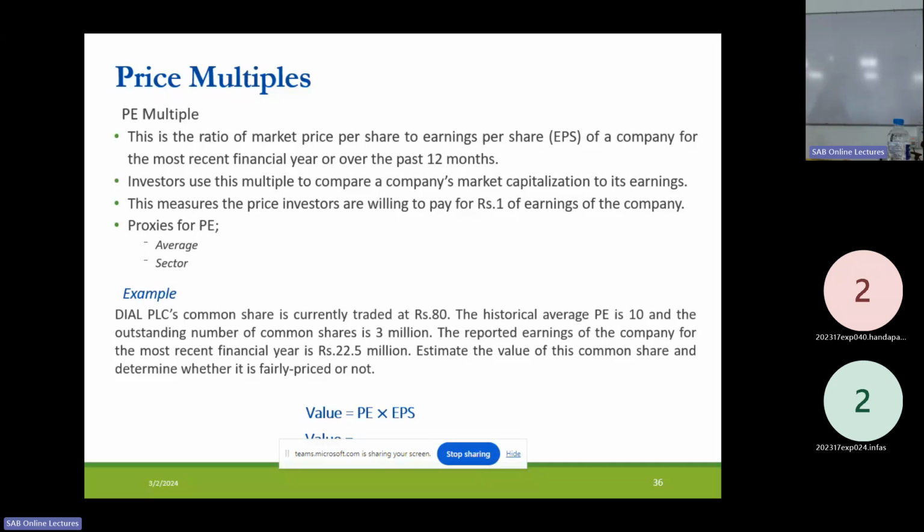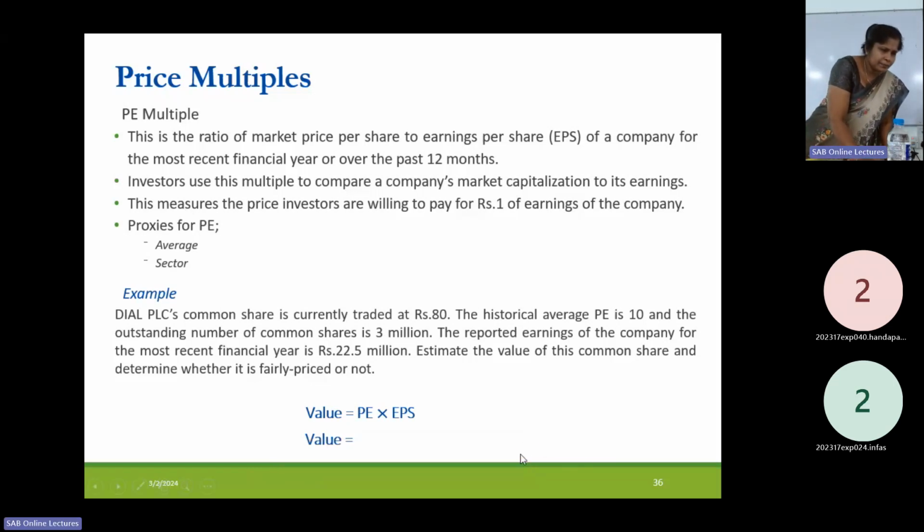Now let's look at this example. I think you can understand it with the example. Galle PLC's common share is currently traded at 80 rupees. The company's shares are currently trading at rupees 80.